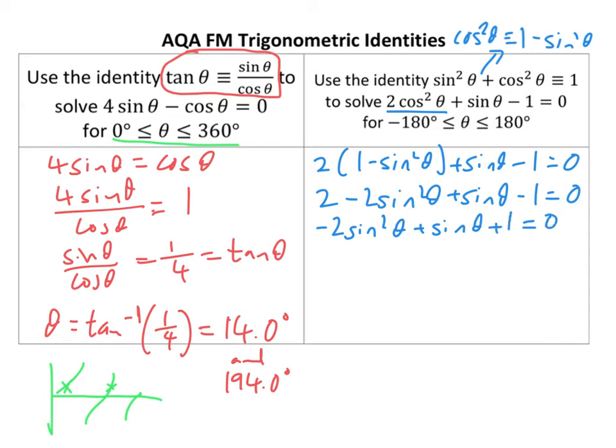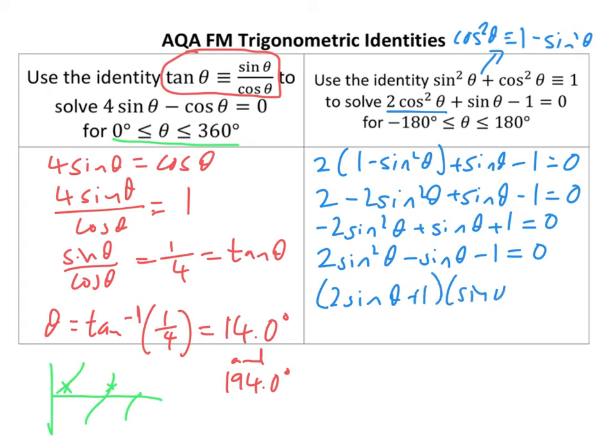And then I want to get the sine squared part positive. I can either multiply through by -1, can't I? Or I could just stick everything on the other side, which does the same thing. Now I need to factorise. I end up with 2 sine theta plus 1, and sine theta minus 1 equals 0, which means that sine theta equals -1/2, and sine theta equals 1.